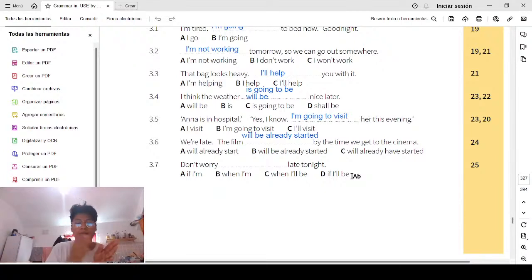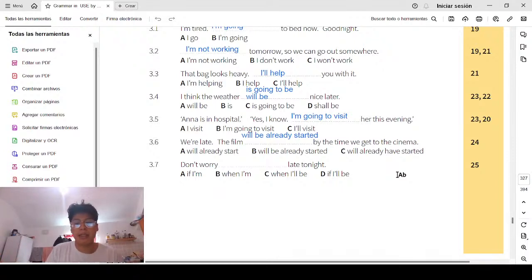By the time, check it out. By the time we get to the cinema, right? We can say by 10 o'clock, right? But in English, you don't always use a specific time, like hours or months. We can take another reference, like moments, or specific times.